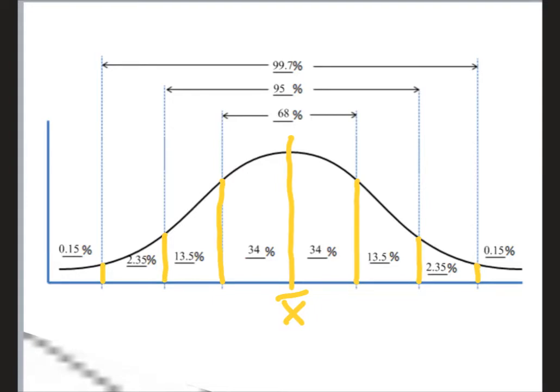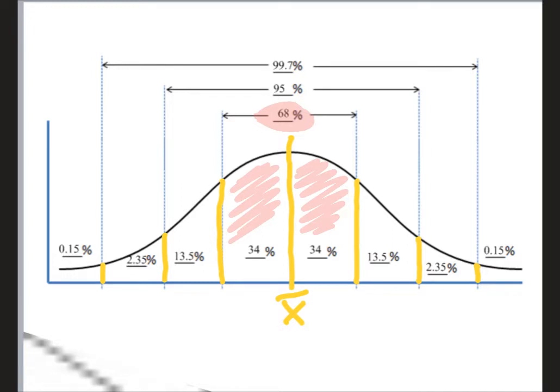Okay, the middle two, so the closest two blocks, right here. So this block and this block, these are both worth 34%, which equals 68.